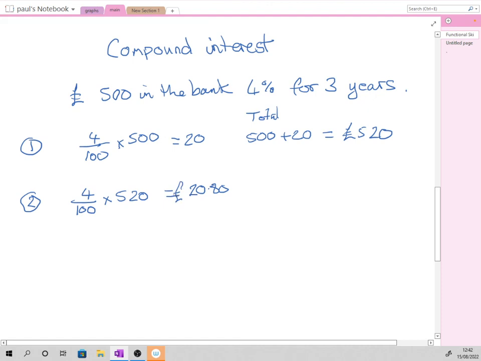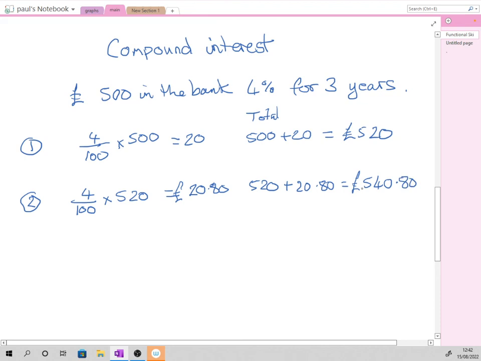Now this is real life, because you may see this on a bank statement of a savings account, that the longer you leave things in, the more interest you get, even though it's still only 4%, because you're calculating an interest on a larger amount. So then you get, at the end of this year, 520 plus £20.80, which equals £540.80.